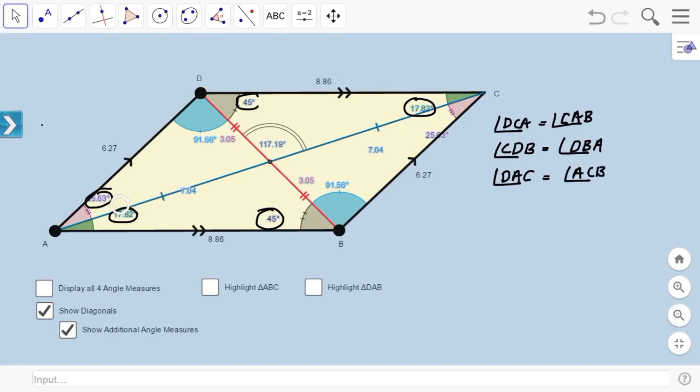Z shape around the parallel lines, and ADB is equal to DBC. So all the alternate angles are equal in parallelogram.